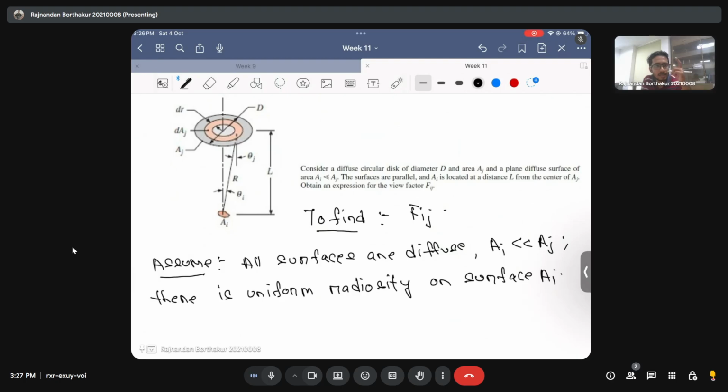The first is the generic, mathematical definition of view factor, and if required, the view factor reciprocity relation and the view factor summation rule.